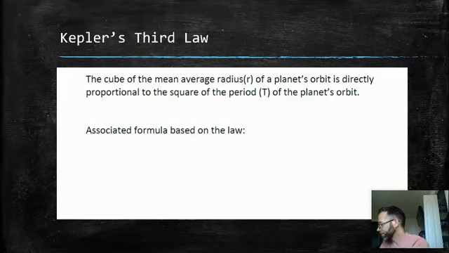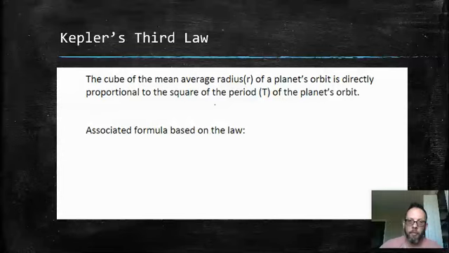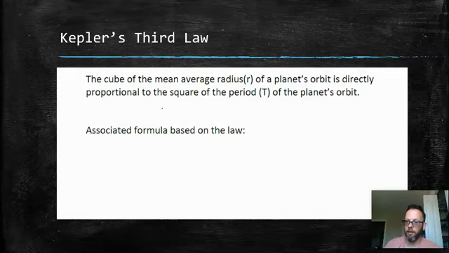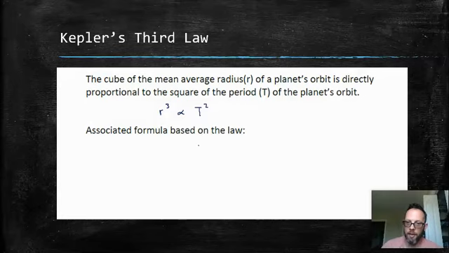So Kepler's third law says that for a planet's orbit, which is an ellipse, the cube of the mean average radius is proportional to the square of the period of the planet's orbit. We understand that the radius away from the sun does change. We're not going to prove why that is, but you could investigate that for any of the solar system data we have in our table.